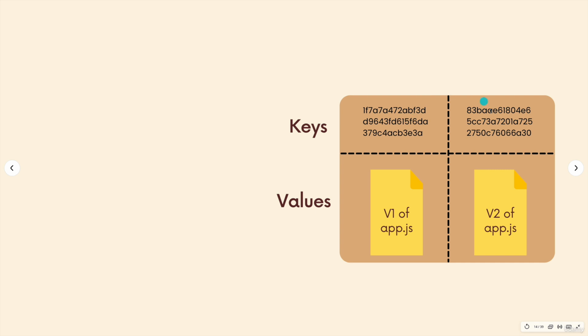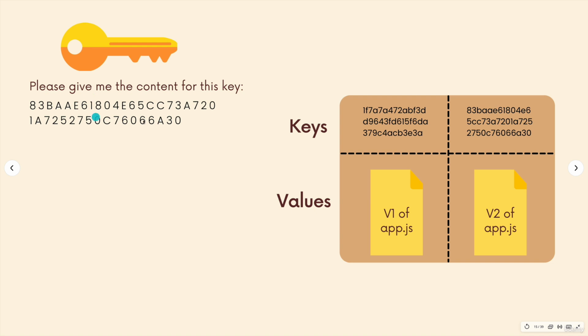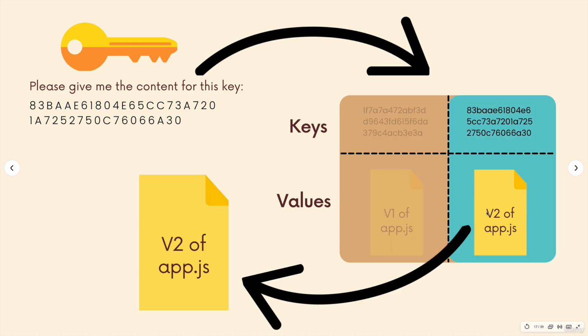So you can see the keys here. Okay, so they are the output of SHA-1, just like a commit hash, and they each correspond to some piece of data. So if I have one of those keys and I tell Git, please give me the content for this key, it's able to use that and figure out, oh, I know what I stored under that. It's v2 of app.js. Here you go.